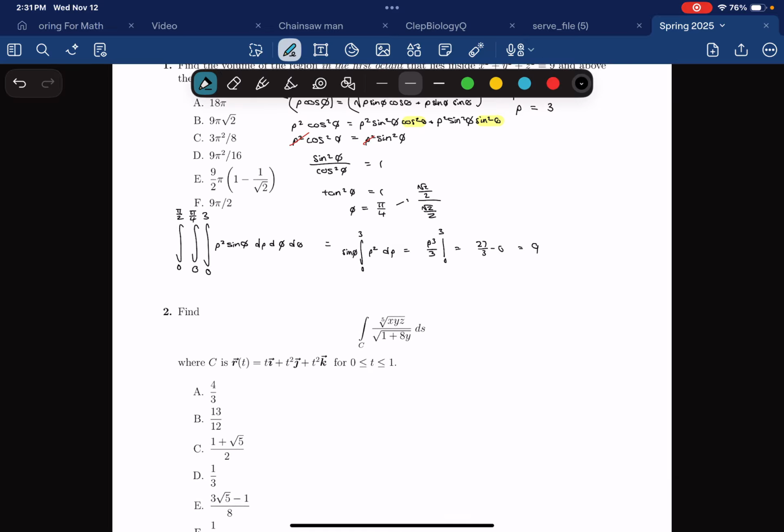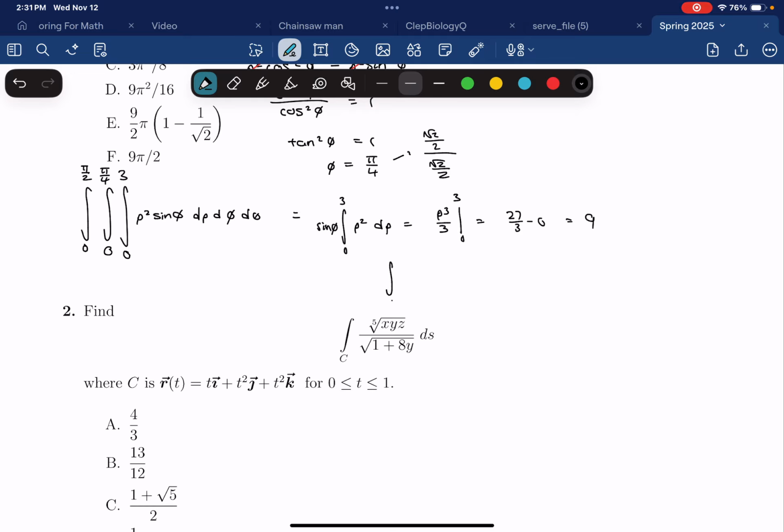Sweet. So now we have, evaluating from 0 to pi over 4, 9 sine of phi d phi, which simply gets you negative 9 cosine of phi from 0 to pi over 4. So you can just say negative 9 cosine of phi would be square root of 2 over 2, minus cosine of 0, which is just 1.